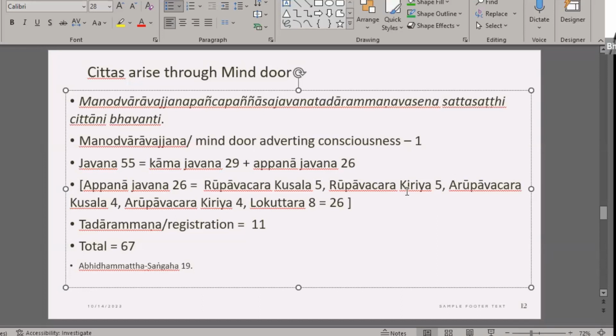If our mind is attached to that object, what happens? Lobha chitta may arise. If you get angry, at that time, dosamula chitta may arise. For restlessness, uddhacca. Doubt, vicikicca chitta arises.